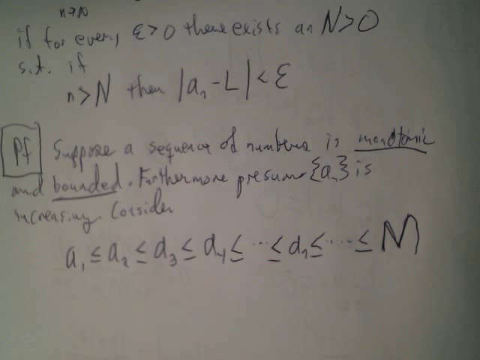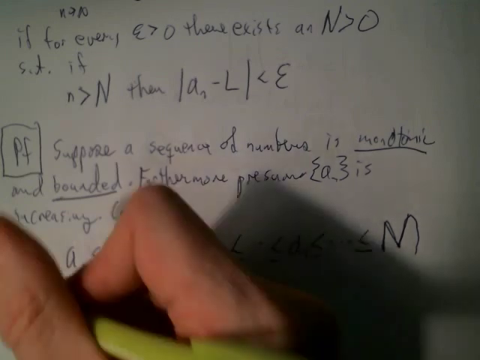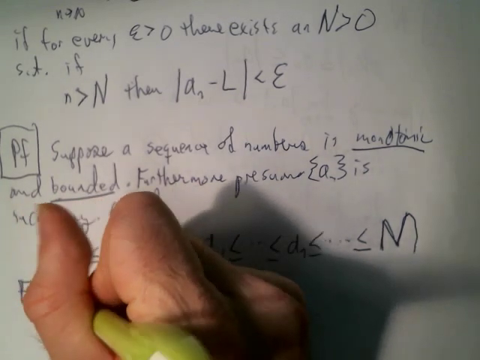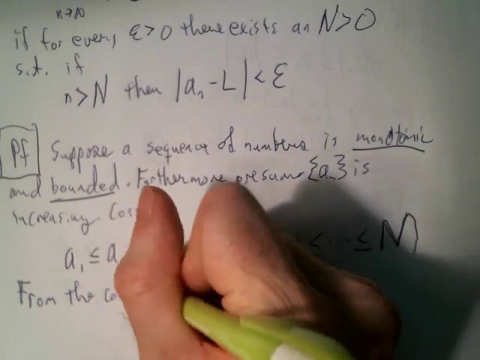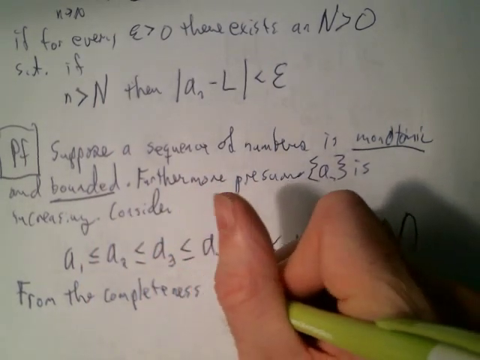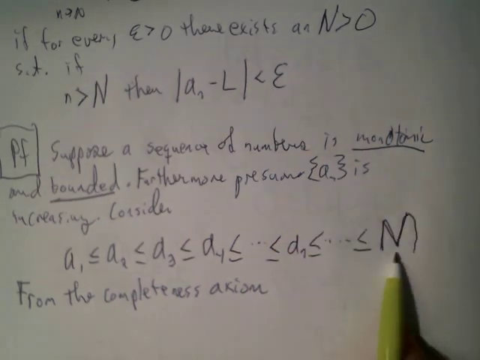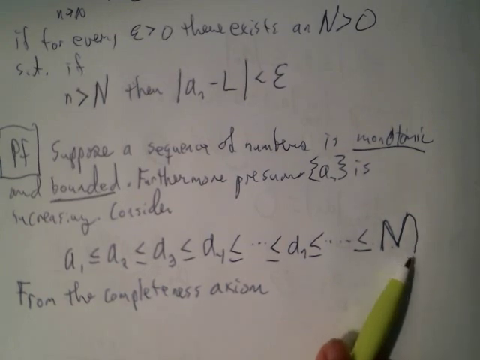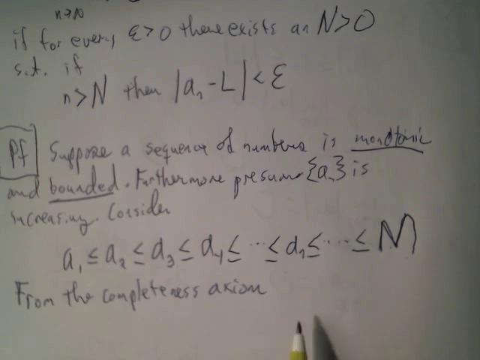Okay, there's another fact from math that you probably aren't as familiar with. If a set of numbers is bounded above, there exists this special number which is the smallest of all of these bounds. We call it the least upper bound. And that's because of this thing called the Completeness Axiom. So from the Completeness Axiom, if I had the set of all numbers that bounded the sequence above, that set of numbers would have a minimum, and that thing would be the least upper bound.